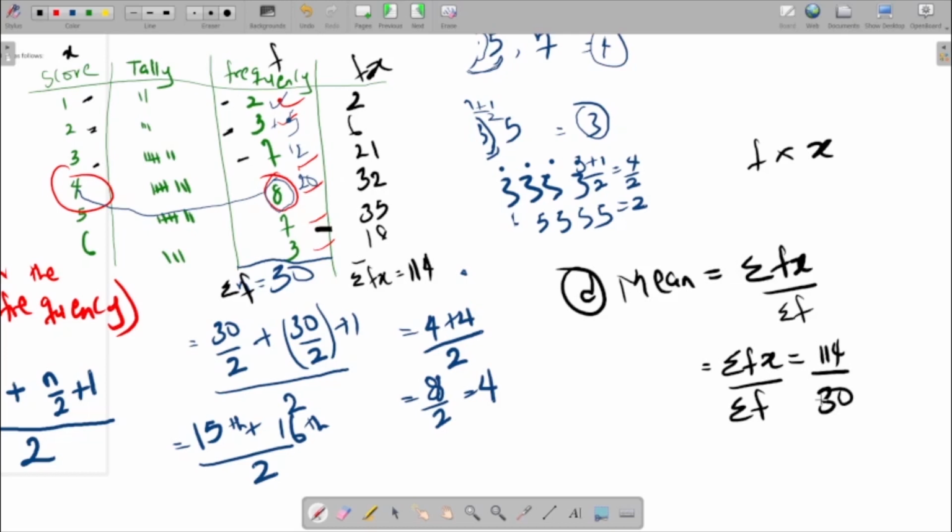So you want 114 divided by 30. The calculator will give you the answer. So that's the solution to question 3 of the 2016 examination, the theory section.